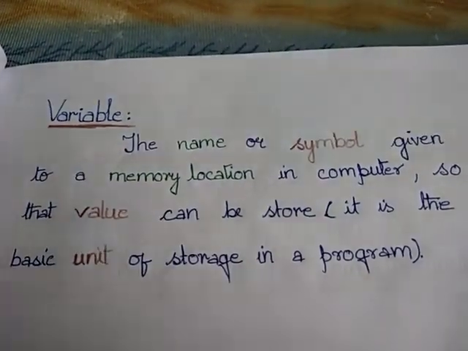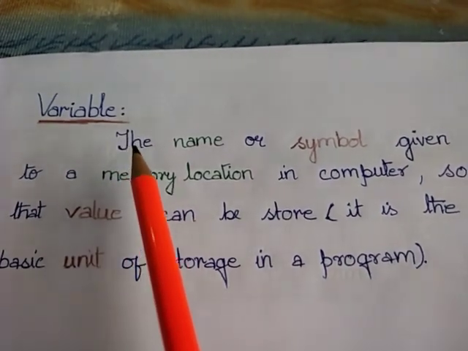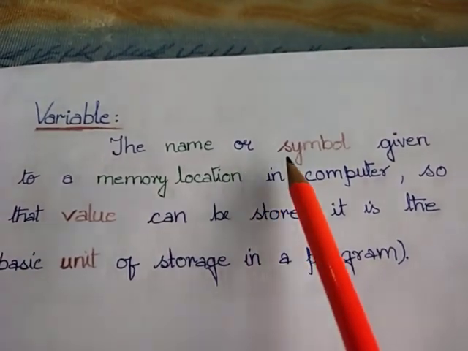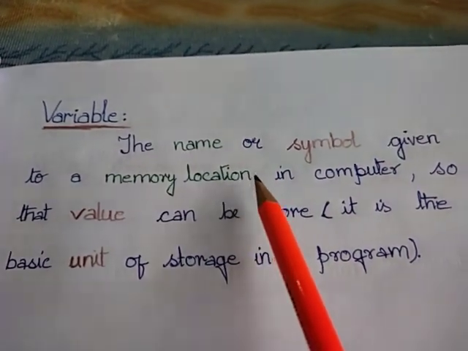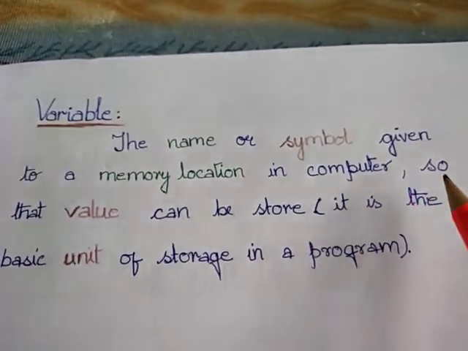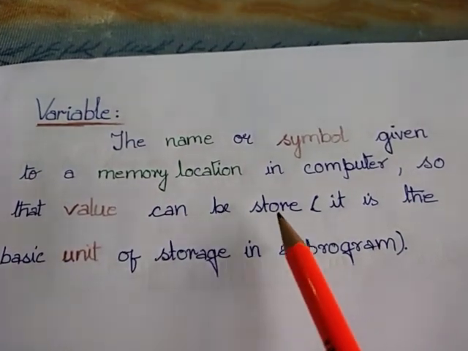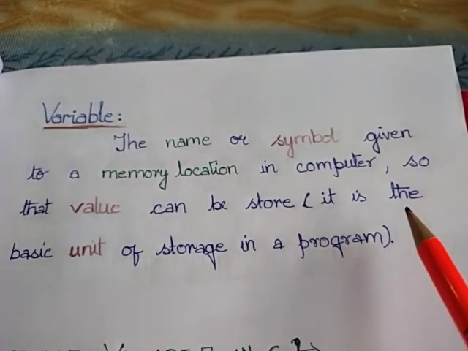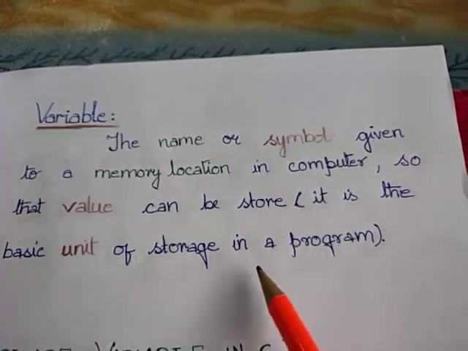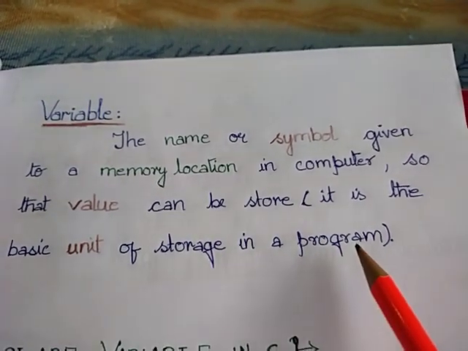So now we can define variable as the name or symbol given to a memory location in computer so that value can be stored, and variable is the basic unit of storage in program.